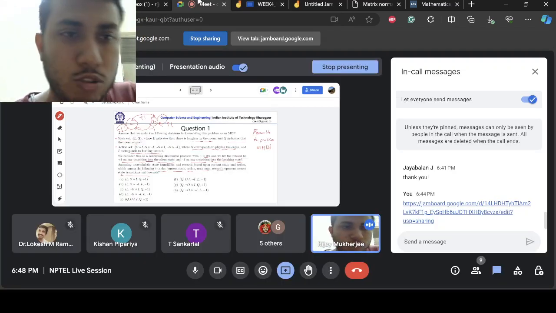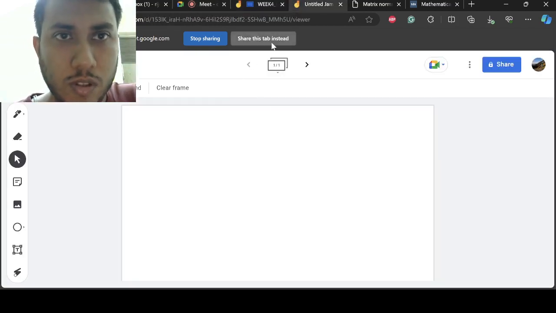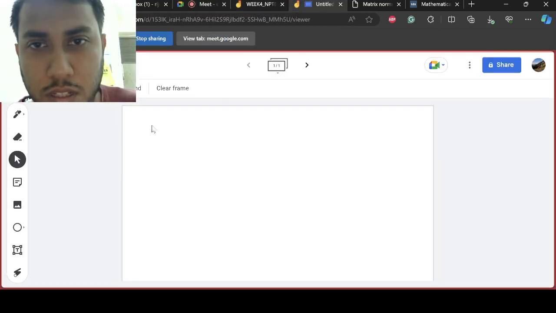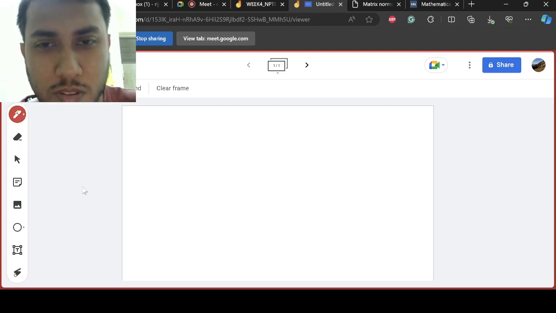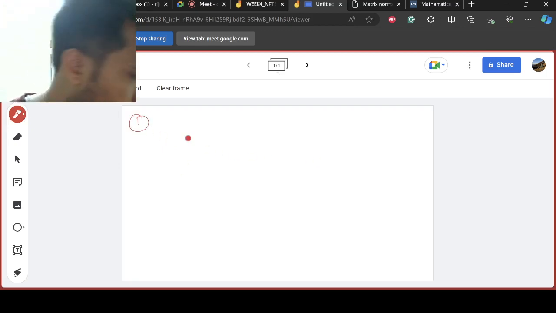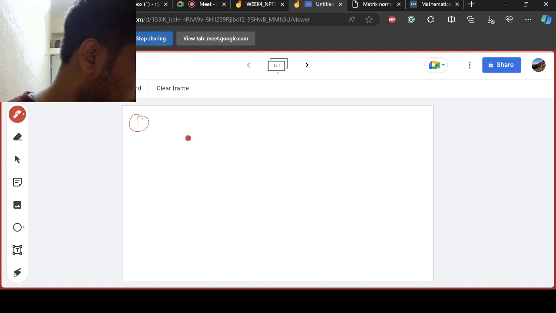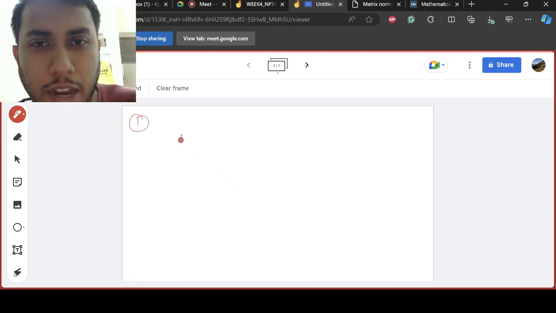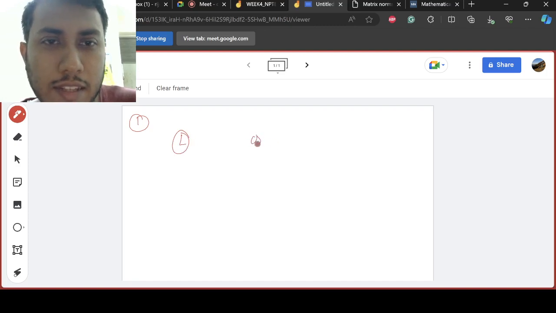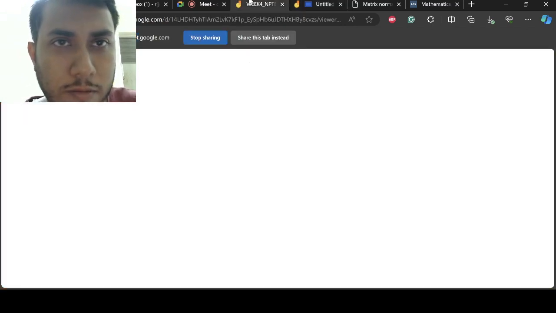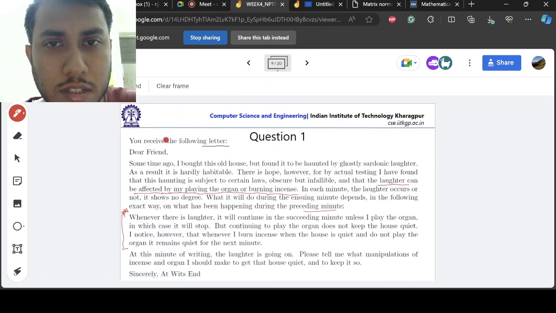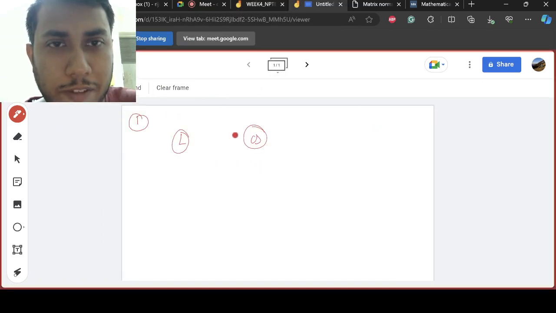So we would like to solve this one using an MDP. Okay, so let's start. You have been told that there is a laughing state and there is a quiet state. And you have your set of actions.